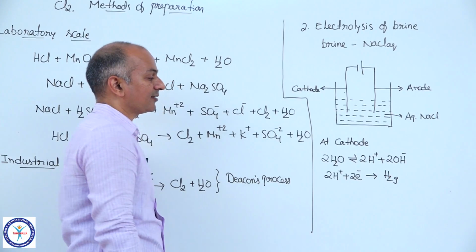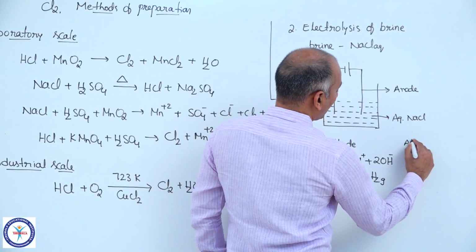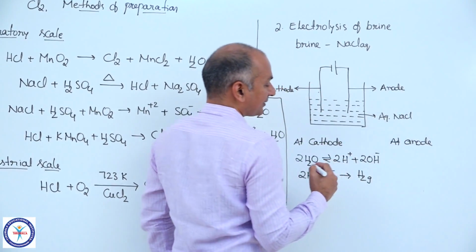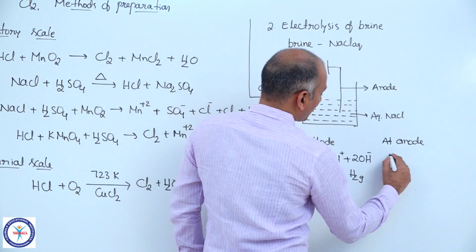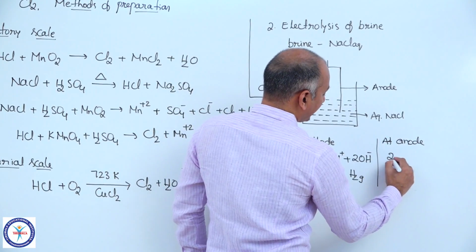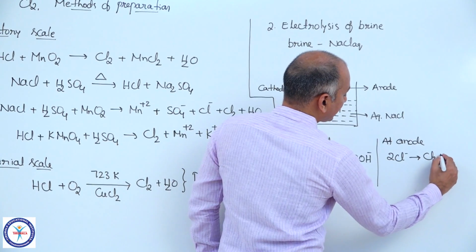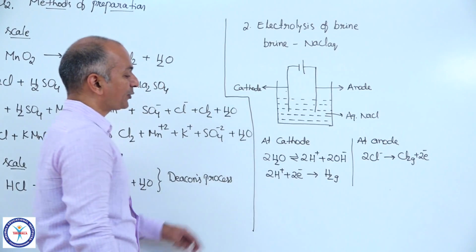This is the reaction at the cathode. Now if you come to the reaction at the anode, Cl minus, I already told you, gets preferably oxidized. So 2Cl minus gives Cl2 gas plus 2 electrons. So this is the anodic reaction.